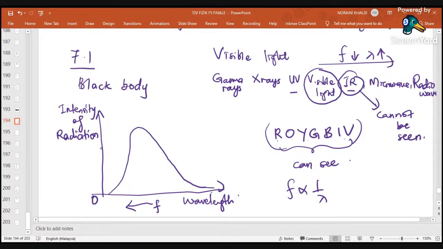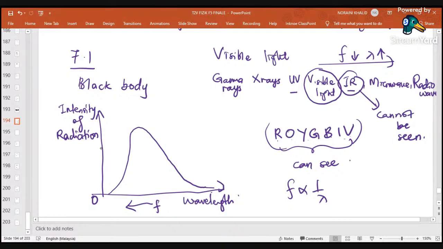So the radiation produced depends on temperature. According to classical physics, it will emit radiation with a frequency that has no limit. If you look from here, this graph represents the experimental result, which is explained by quantum theory.